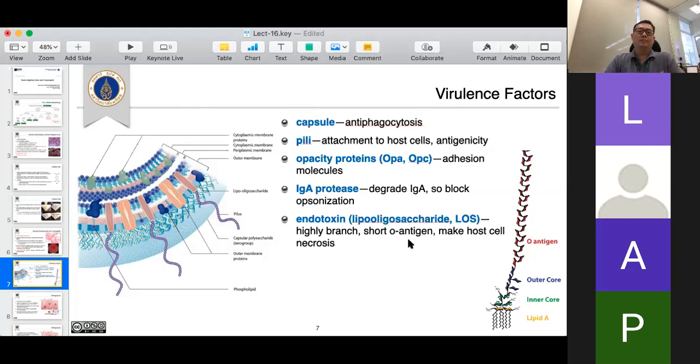This toxin can make the host cell necrotic, okay? This is the LOS. They have lipid A. Lipid A is immersed in the membrane, the outer membrane. They have an inner core and outer core. The O antigen, you see is branching, but they come from the same component. So there is very little variation.